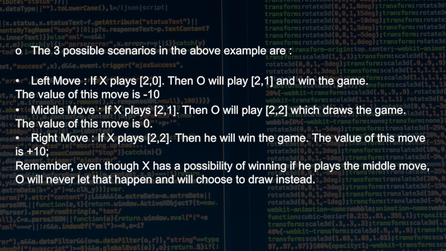Remember, even though x has a possibility of winning if he plays the middle move, 0 will never let that happen and will choose to draw instead. Therefore, the best choice for x is to play 2 2, which will guarantee a victory for him.